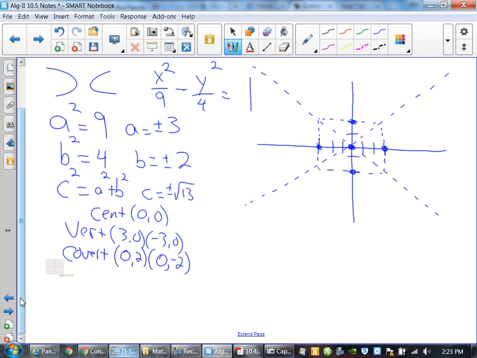Your foci. Your foci are at plus or minus root 13. Root 13 is bigger than root 9 and smaller than root 16, so between 3 and 4. So I put a 4 out here, and just put a dot in the middle, ish. And then I label where I put it. Foci at root 13, 0 and negative root 13, 0.